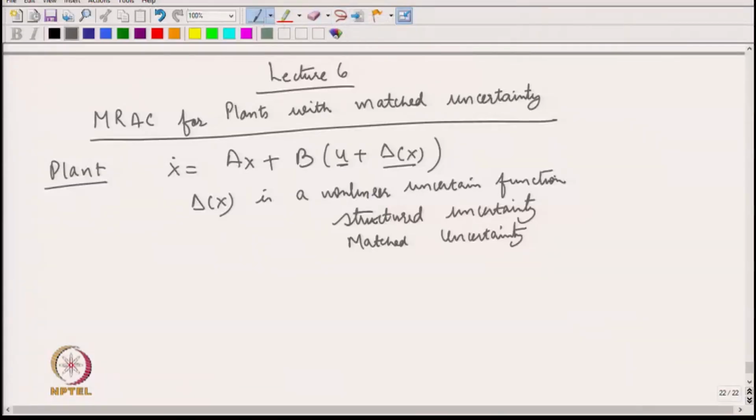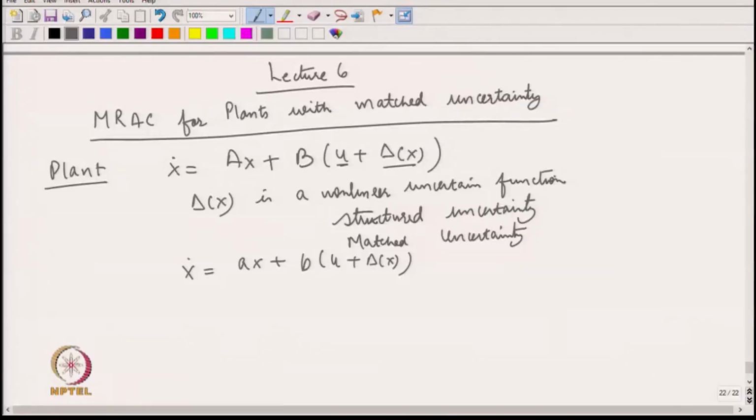In this case, we assume that the uncertainty is a matched structured nonlinear uncertainty. Again, in this case I consider a scalar case. So, let us reduce these matrices to scalar terms. It just makes the analysis much easier, and then you can later work on the vector case.